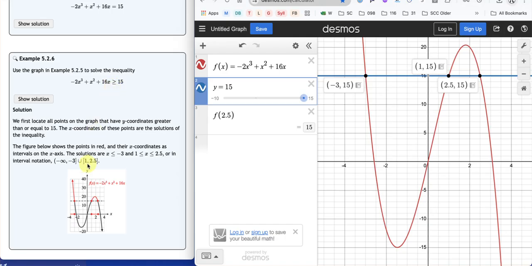Same goes for the 1 and the 2.5. Those are closed brackets because both 1 and 2.5, at those points, the y values are 15, and then between them, it's above 15. So the solution to this inequality is the union of two intervals, the one from -infinity to -3, union with the interval from 1 to 2.5.